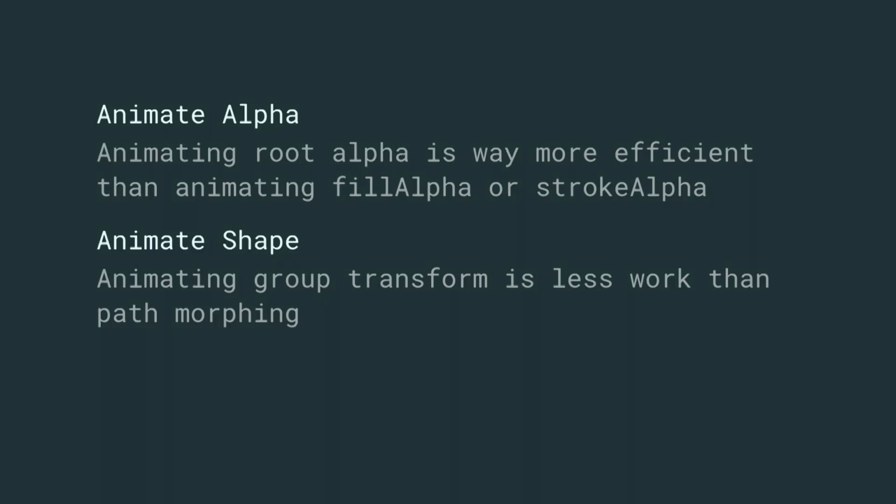Whereas if you do path morphing or path trimming, then we obviously need to recreate the paths. And so in this example that Nick mentioned earlier, there are obviously different ways to achieve going from left to right, but animating group transform would be the most efficient way to do it.